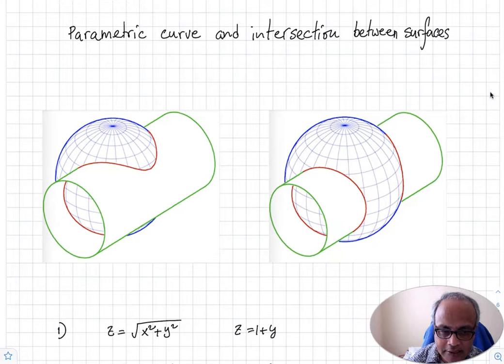So a plane intersects the cone, and we want to find the curve of intersection. The equations of the surfaces are given in Cartesian coordinates, and we want to find the curve in parametric form. I'm going to assume today that you have listened to my other lectures about parametric curves.